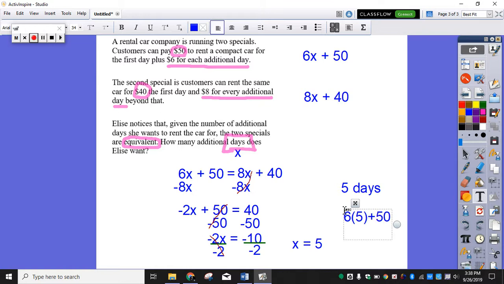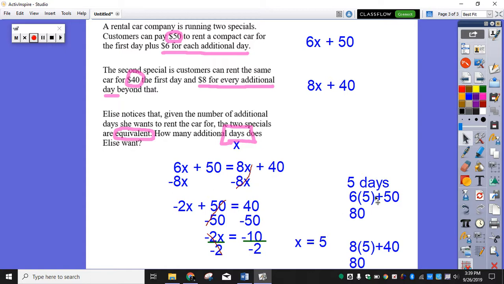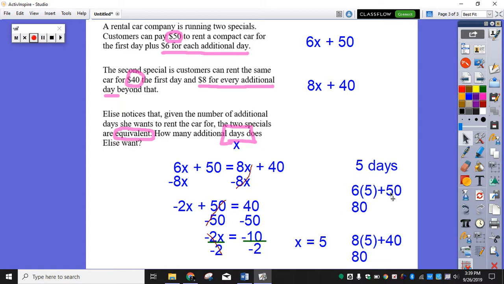And that would be 30 plus 50, which is 80. Okay. And then 8x plus 40 would become 8 times 5 plus 40. And 8 times 5 is 40. 40 plus 40 is 80. So when I substitute 5 for the number of days, I get equal values for either expression.